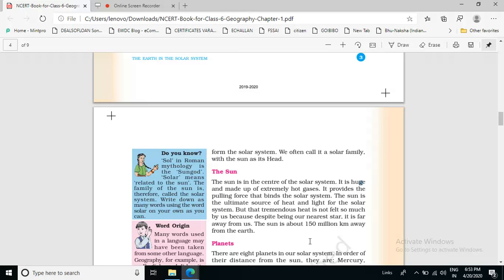Okay, one more thing you must know about the sun: the sun provides the pulling force.